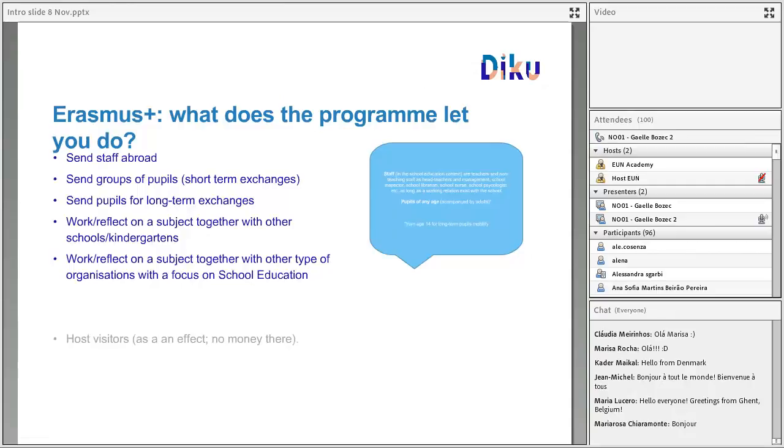The program lets you work and reflect on subjects together with other schools and kindergartens. This is typically the partnerships, like a kindergarten in Norway and a kindergarten in Spain that would like to work together on how to use the nature outside the kindergarten itself, keeping in mind that the kids have to stay safe.